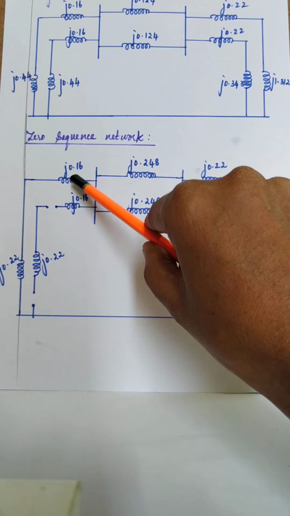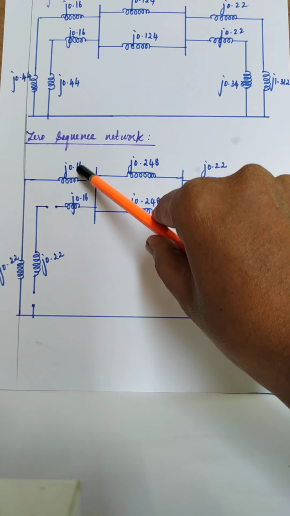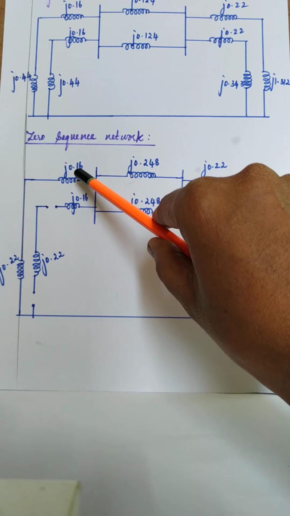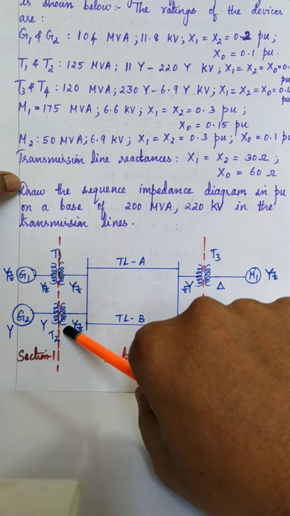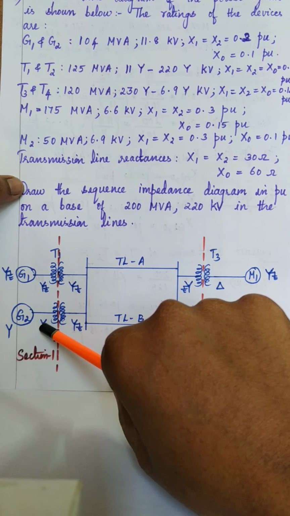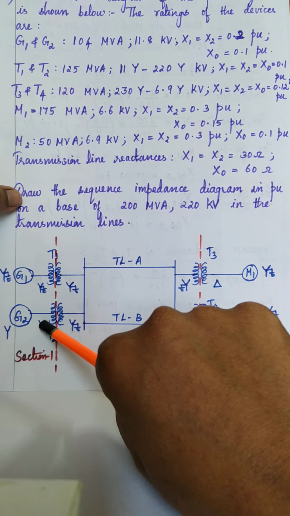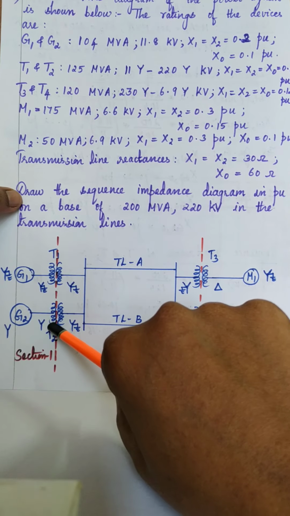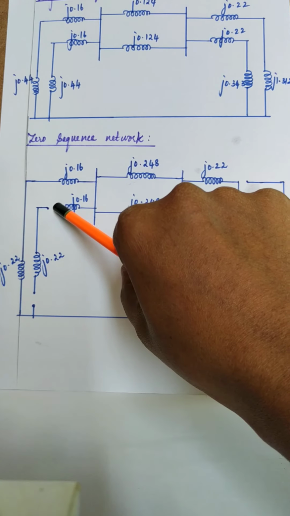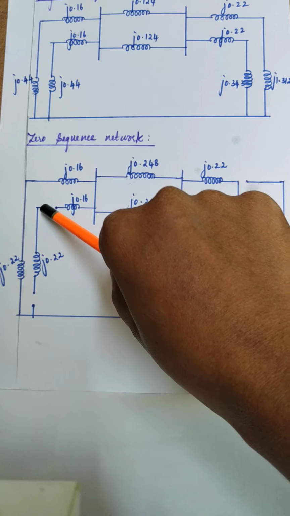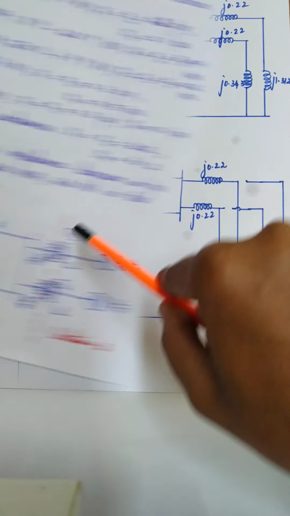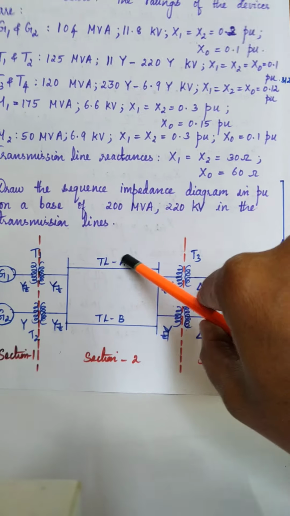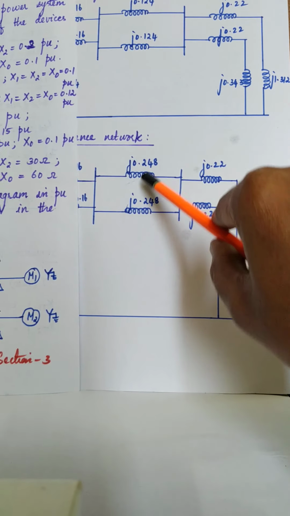Write down the zero sequence reactance of the transformer, j0.16, which is equal to the positive and negative sequence reactance. Coming to T2, forget about the shunt switch. It is only star, and on the primary side the star is left ungrounded. So you have to leave the primary side switches open. On the secondary side it is star grounded, so close it.